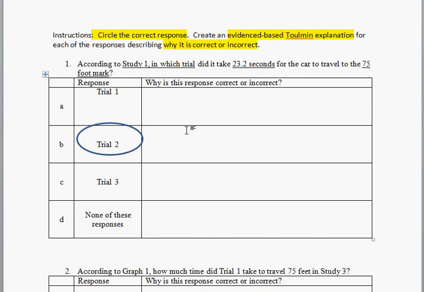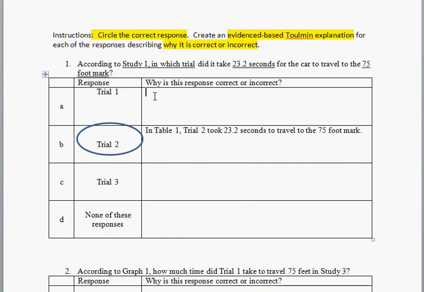So, in Table 1, trial 2 took 23.2 seconds to travel to the 75-foot mark. Now, that's the easy one. Why wasn't it trial 1?